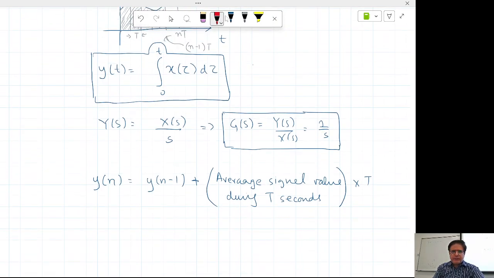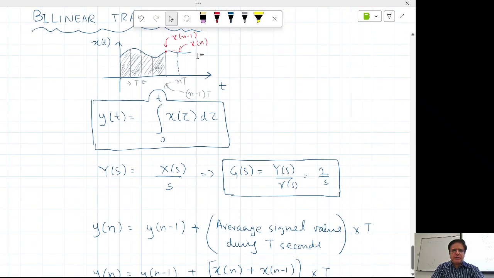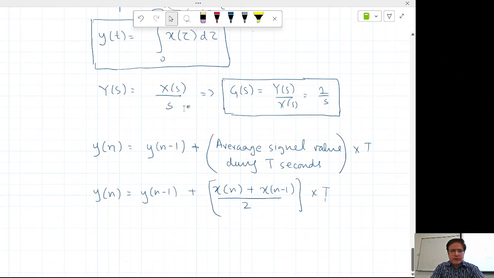Okay, so that means I can write the same thing as y of n equals y of n minus 1 plus the average of the signal value, which is going to be x of n plus x of n minus 1 over 2, times T. Because the signal value at sample number n is x of n, and the input signal value at sample number n minus 1 is x of n minus 1, right?